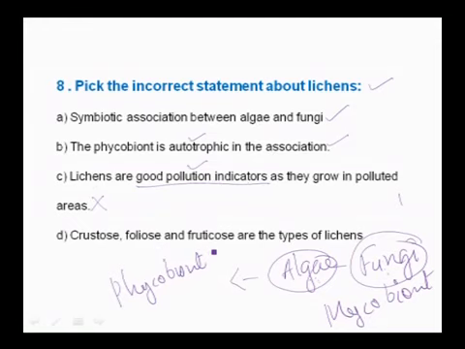And fruticose is extended into larger forms which have stem-like, or elongated parts with leaf-like attachments. So this is also correct. So as a result, you can see over here that C is the wrong option. So pick the incorrect statement, then the answer for this is option C.